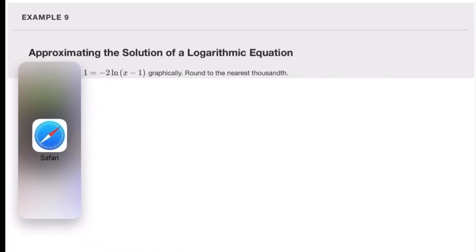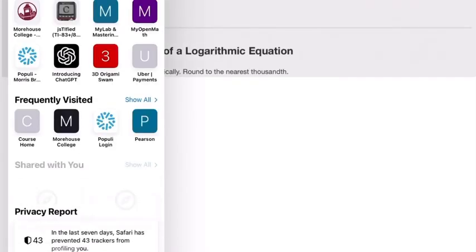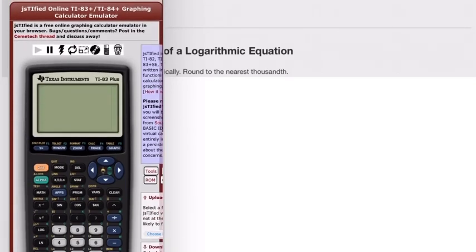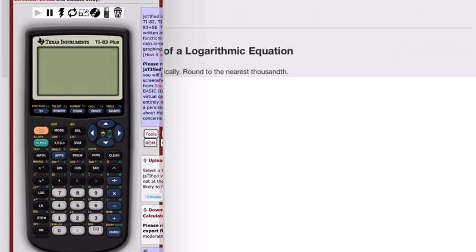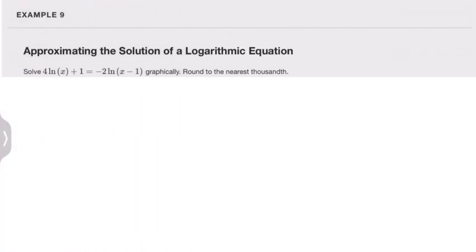Let me pull up my trusty calculator. Before I do this, let me get a copy of this for visibility's sake. We have 4 natural log of x plus 1 equals negative 2 times the natural log of x minus 1, okay?